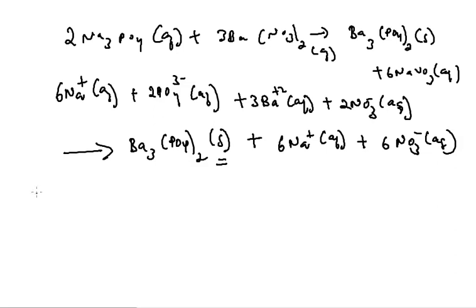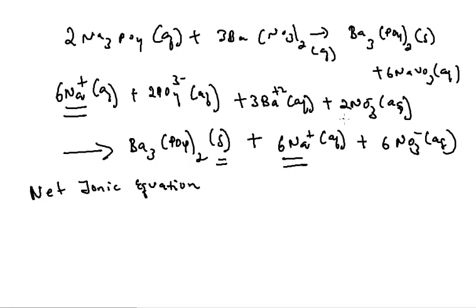Now from the complete ionic equation we go to the net ionic equation. What's a net ionic equation? In a net ionic equation there is something called spectator ions. These are the ions which are on the reactant side and the product side, but they don't contribute to the overall reaction, so we're going to avoid them. We have sodium ion on the reactant side and sodium ion on the product side.